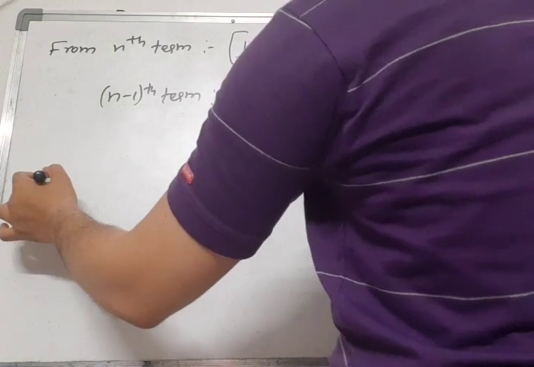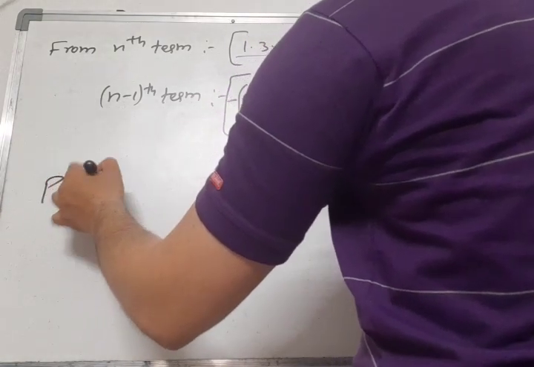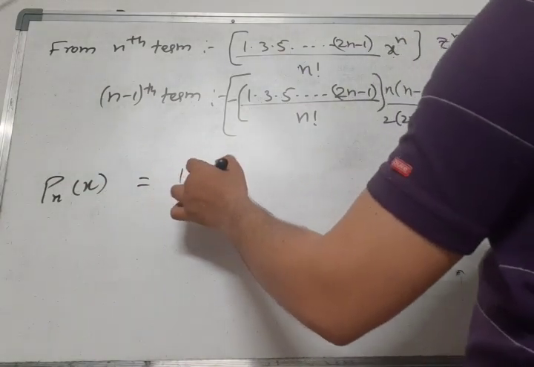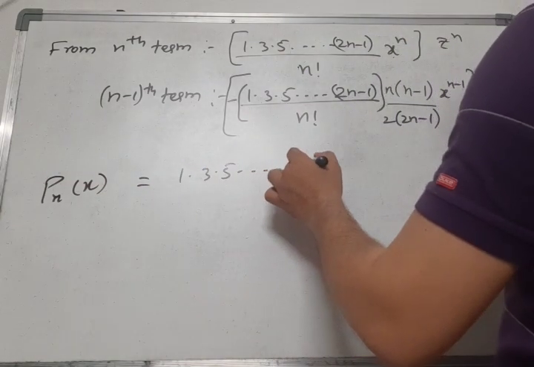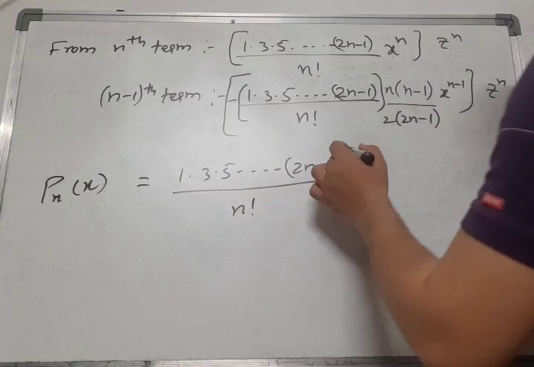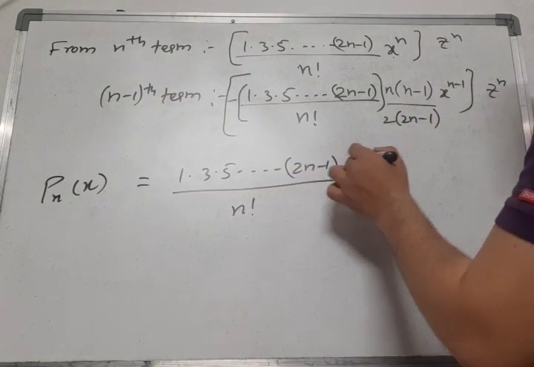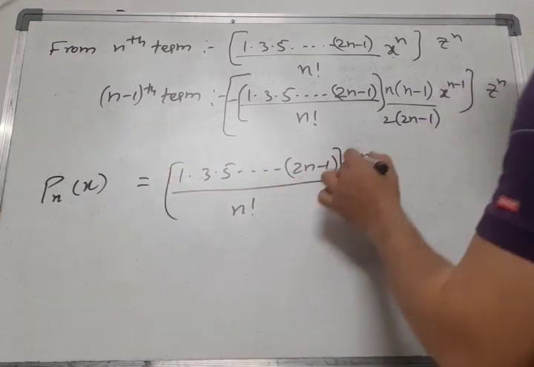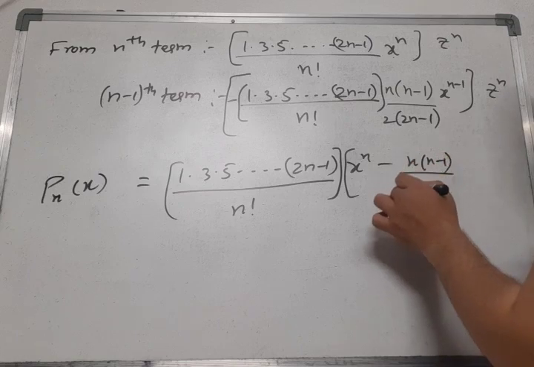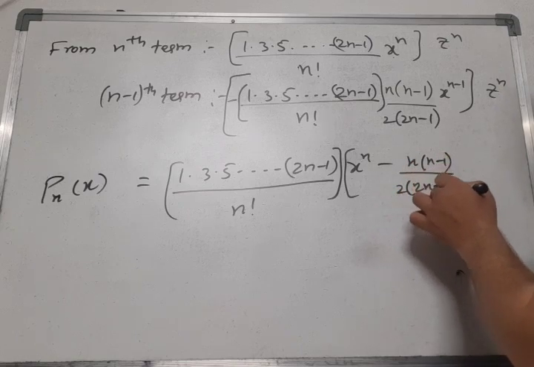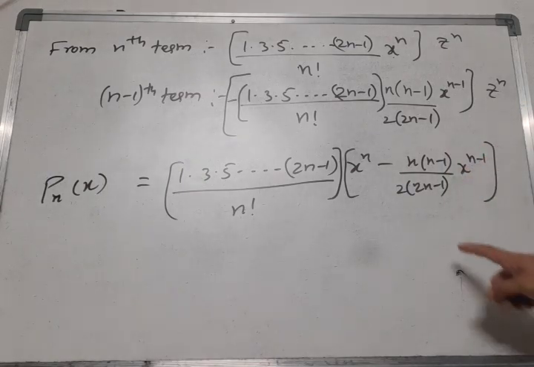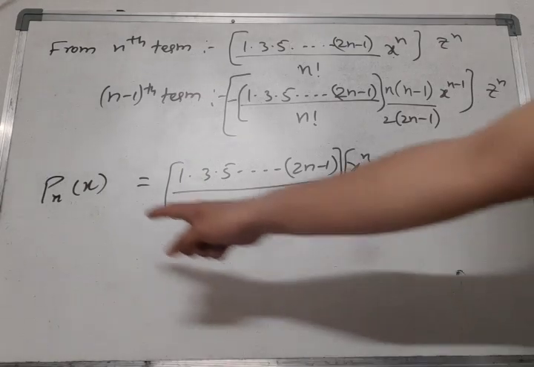So we are going to get Pn of x is equal to 1 into 3 into 5 into so on up to 2n minus 1 by n factorial into x to the power of n minus n into n minus 1 by 2 into 2n minus 1 x to the power of n minus 1. This is the general term for Pn of x.